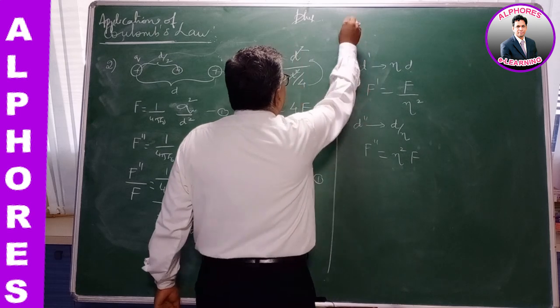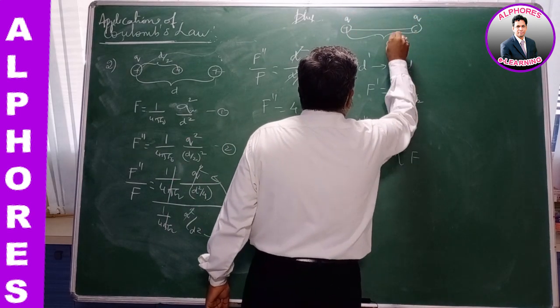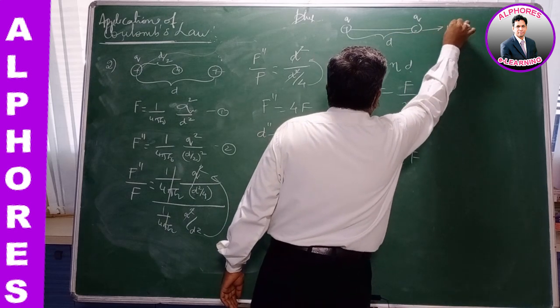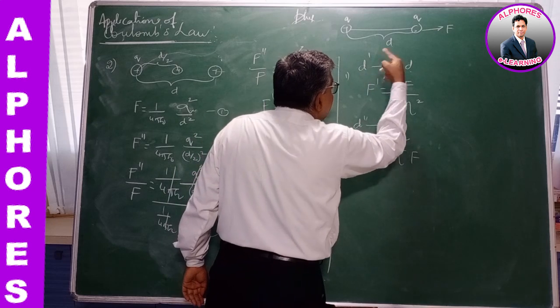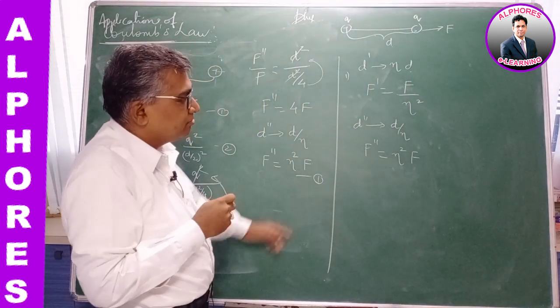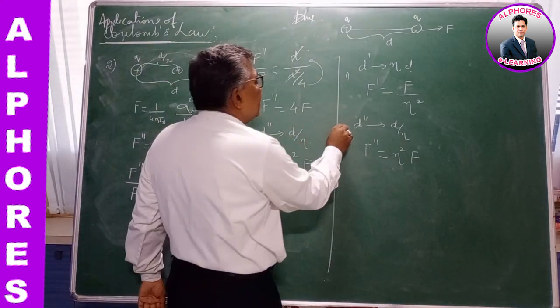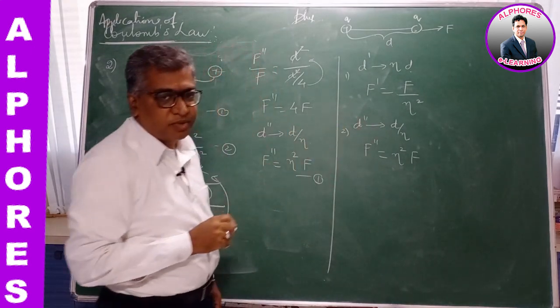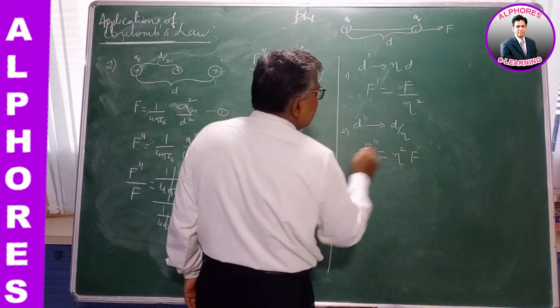Initially the two charges q and q were at a distance d, and the force is F. First, if the distance is made n times d, force becomes F by n square. Second case, if the distance is decreased to d by n, then force F double dash is n square F.